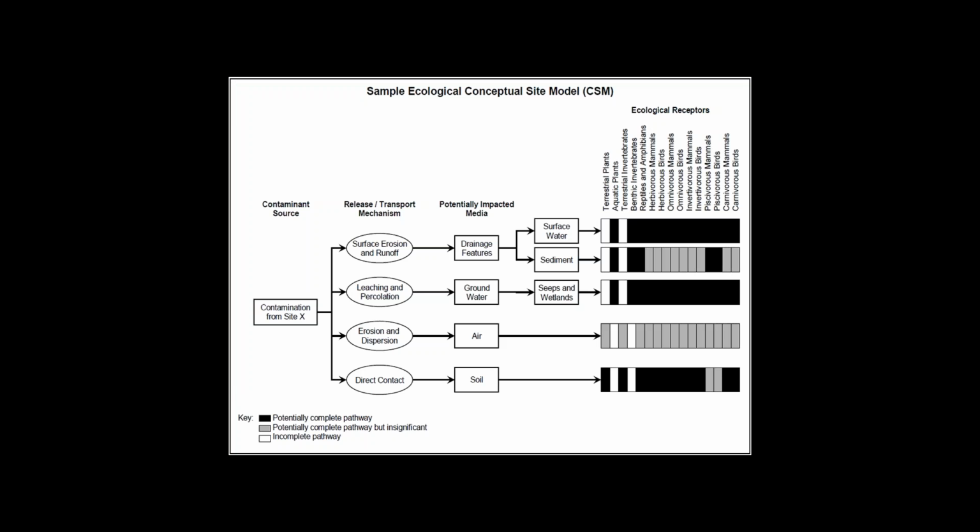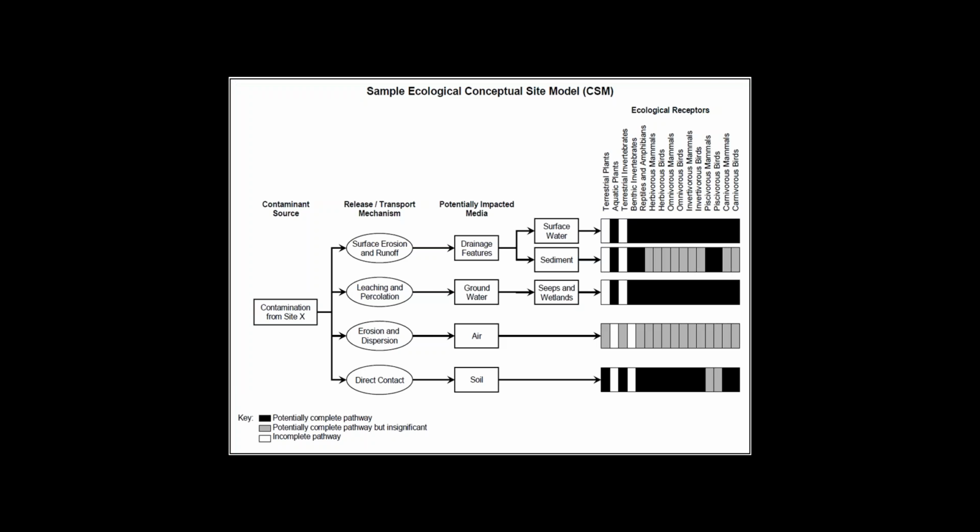If your receptor evaluation indicates the need for moving forward into a site investigation, early on you're going to need to develop an ecological conceptual site model. This is an example taken from our ecological evaluation technical guidance. And essentially, a conceptual site model characterizes all the potential contaminant pathways at your site.